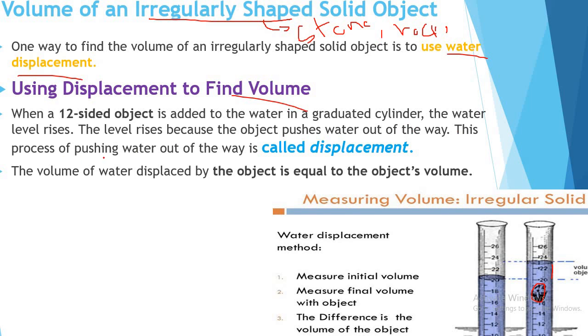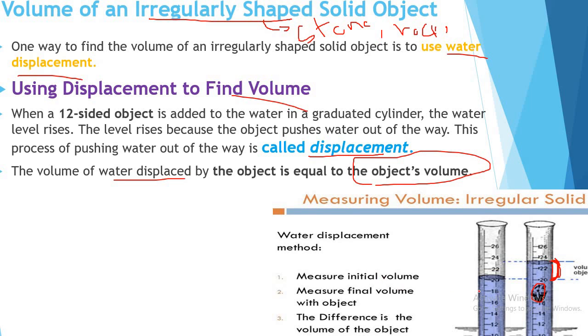This process of pushing water out of the way is called displacement. The volume of water displaced by the object is equal to the object volume.